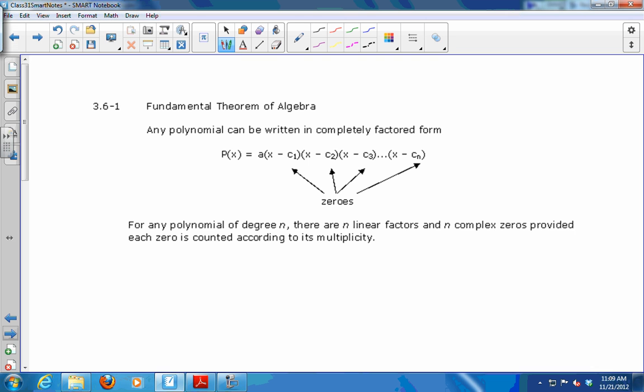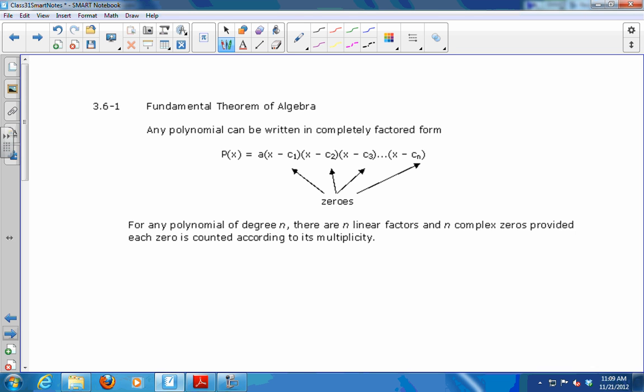Okay, so now that we've had a little super short lesson on complex numbers, we're going to talk about the fundamental theorem of algebra, which says that any polynomial can be written in completely factored form, where all my factors are linear, x minus a zero times x minus a zero times x minus a zero.